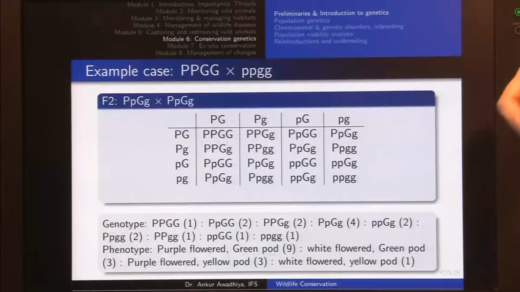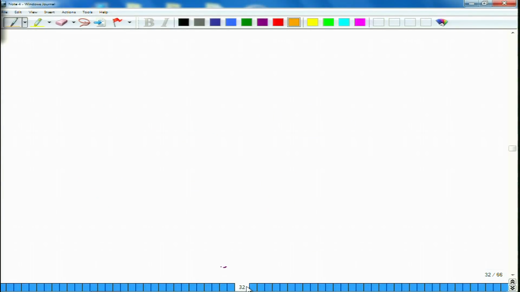Now if these alleles were not assorting independently of each other, in that situation we would have a case in which, in the first generation, suppose these two always come together, so we would be having capital P and capital G, and this would give us small p and small g.